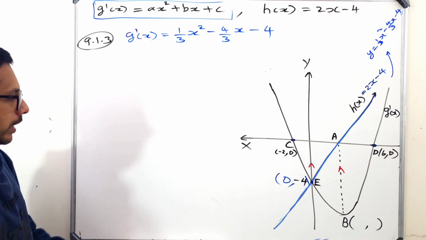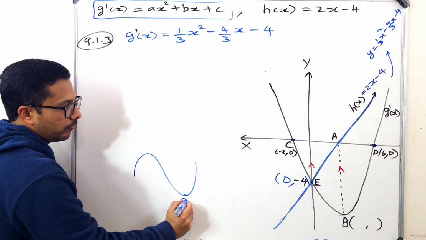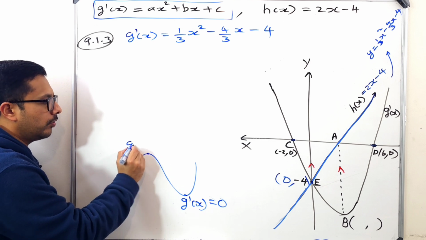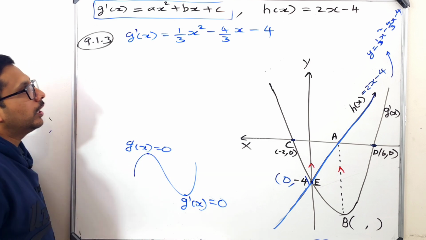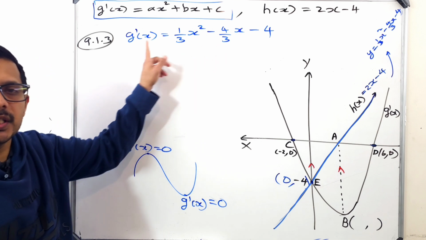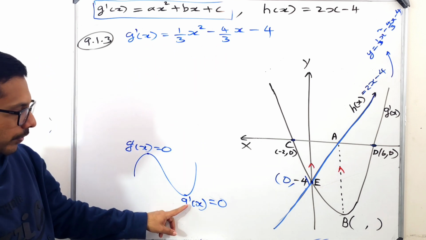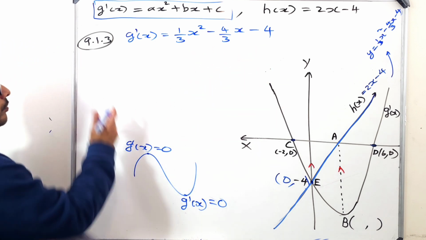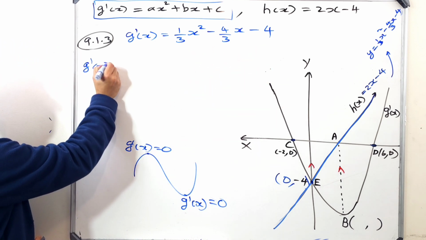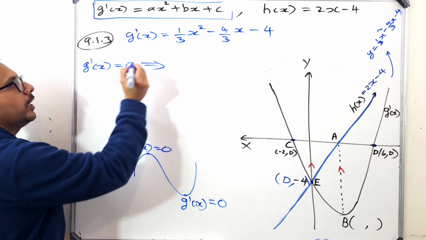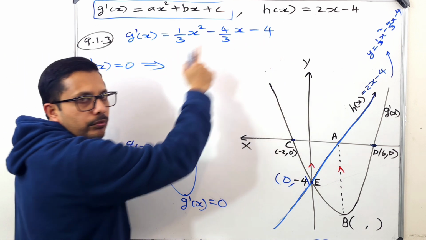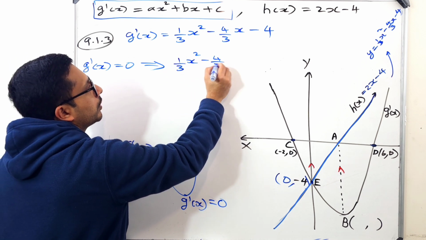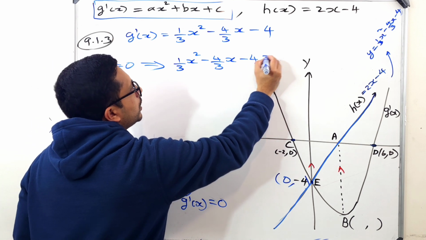Okay, so at the turning point, first derivative is equal to 0. This is also a turning point, first derivative is equal to 0. Is it not this one the first derivative, guys? g dash of x. Okay, so first derivative is equal to 0 means this one is equal to 0. We know the first derivative, we already found that one. So 1 over 3 x square minus 4 over 3 x minus 4 is equal to 0.